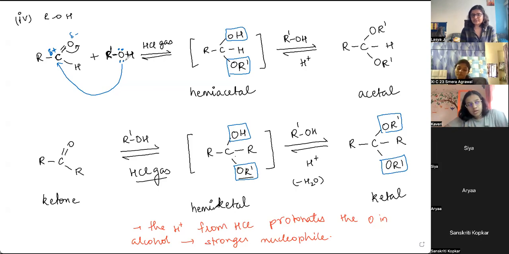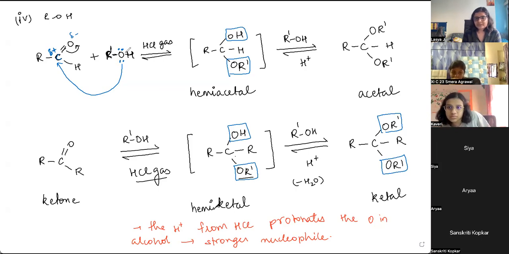Oxygen is rich in electrons, with two lone pairs of electrons. Oxygen attacks this relatively electropositive carbon, keeping in line with how nucleophilic additions take place. This is the one that attacks. So when that's the oxygen, it will lose both the R and the H?